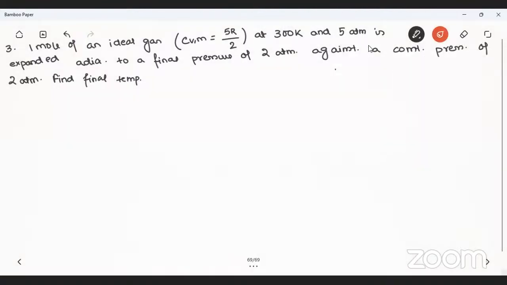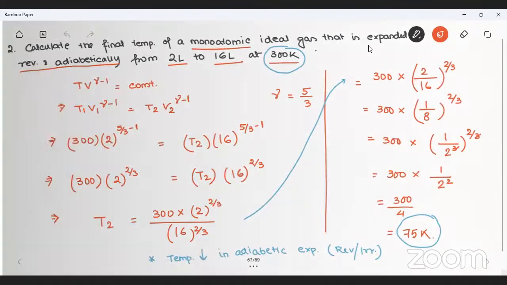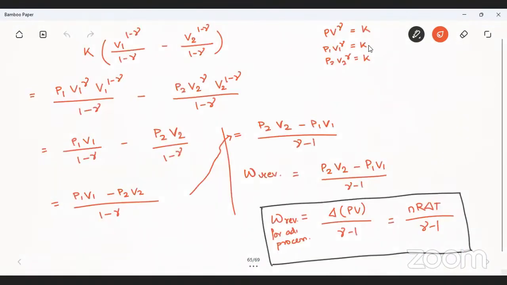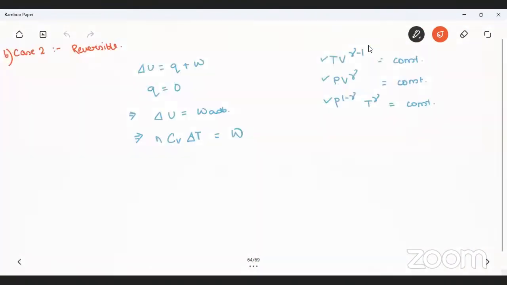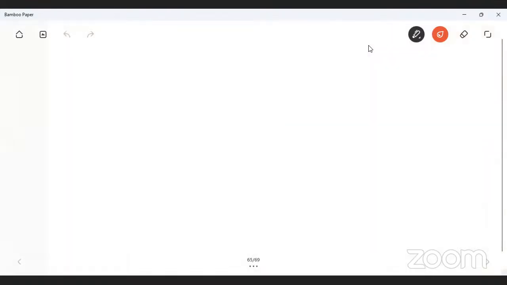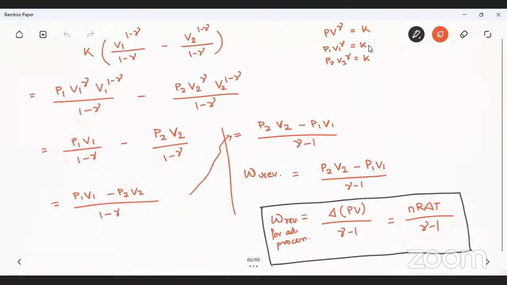What is said? Ideal gas, 1 mole. This is given, expanded adiabatically. Constant pressure means reversible. Okay. For reversible, what is the final formula I told you? P raised to 1 minus gamma.